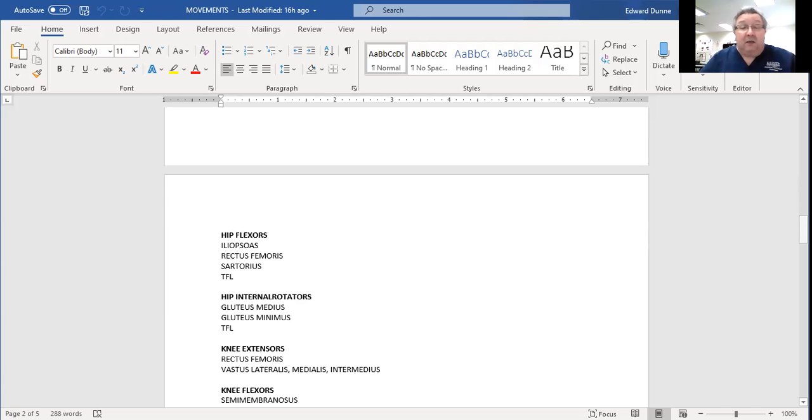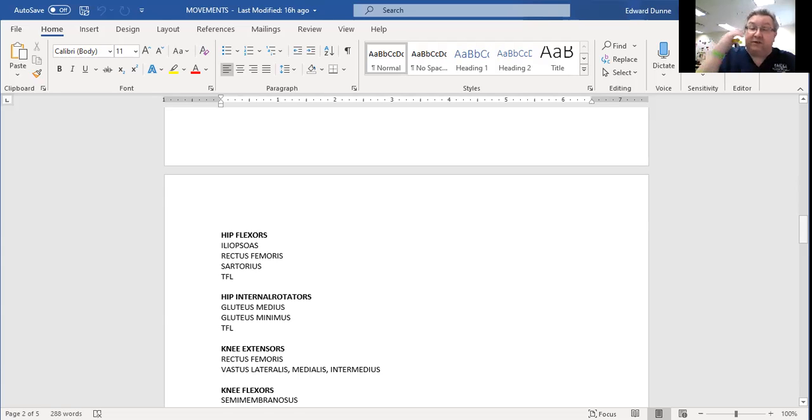Beautiful. So the major hip flexors, first of all, the iliopsoas, that's the combined muscle between the psoas major and the iliacus. The iliopsoas is the strongest hip flexor in the body. Boom, strongest. Another flexor of the hip is the rectus femoris. Remember, the rectus femoris is one of the quadriceps muscles, one of the 4 muscles of the quadriceps.